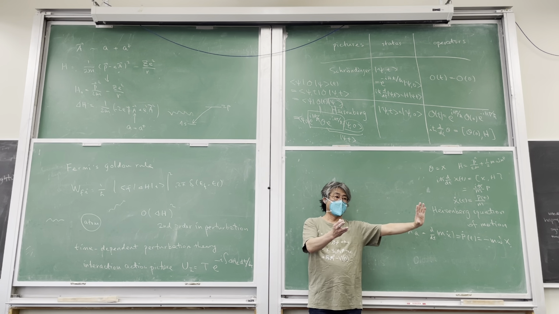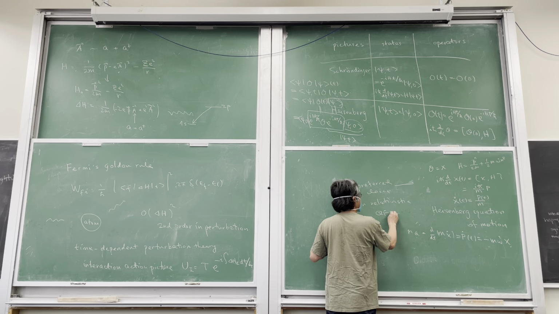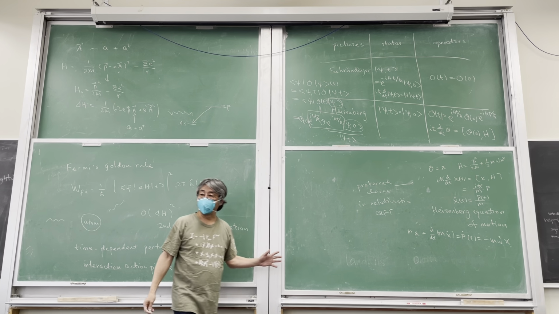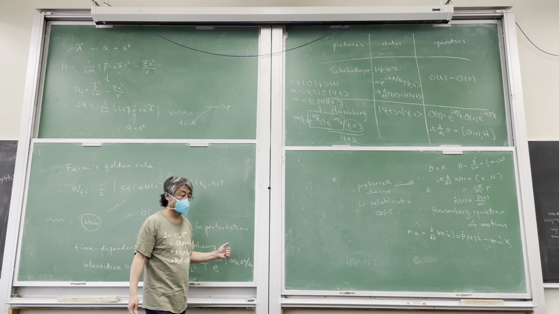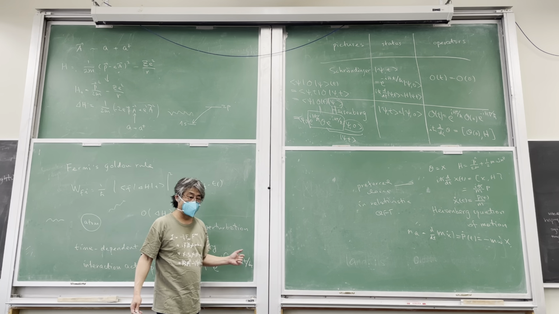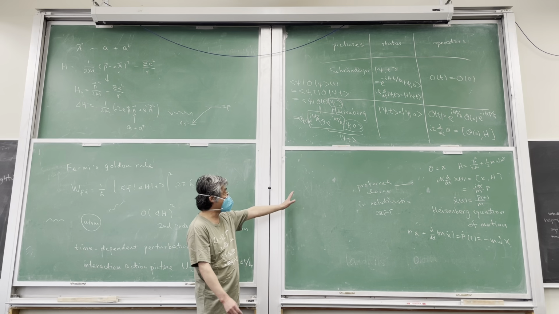So the Heisenberg picture is actually the preferred choice in relativistic QFT. So we will talk about that when we talk about relativistic QFT, which is written on my t-shirt. This is a Lagrangian of relativistic quantum field theory, so we'll come back and talk about this.